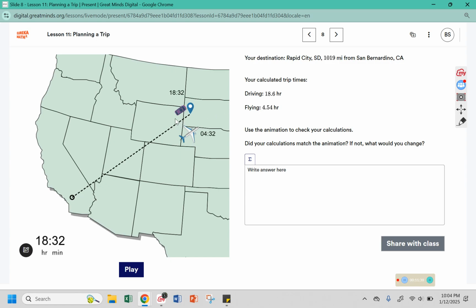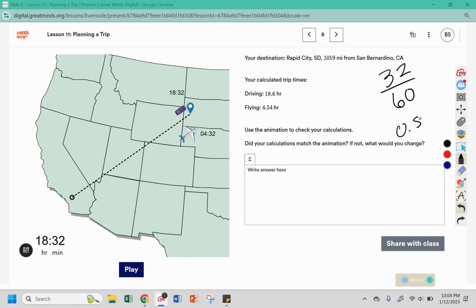My car arrived in 18 hours and 32 minutes. So if we were to change that 32 minutes to a decimal, we could do 32 out of 60. And that would tell us what that number of minutes is based on the hours, and that comes out to 0.53.